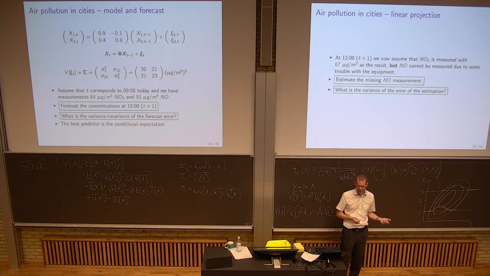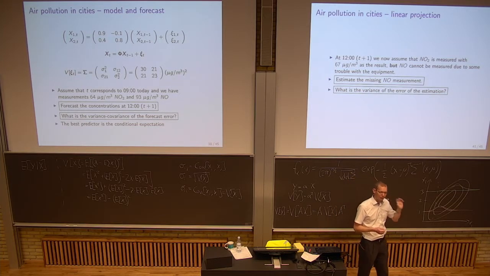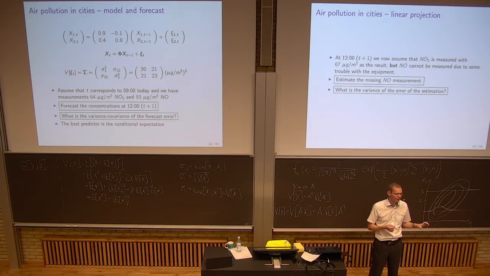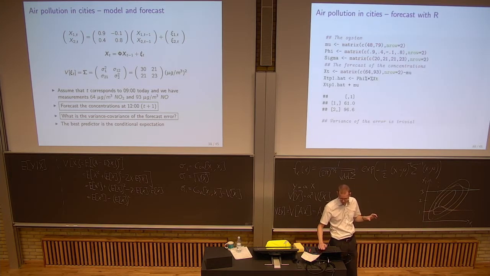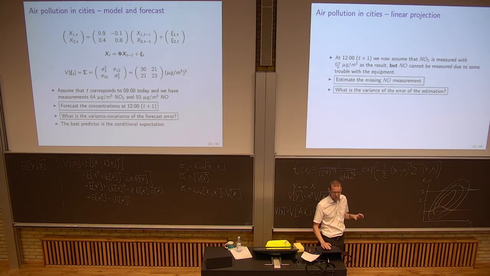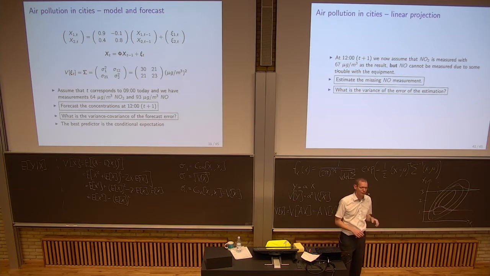Can we make an estimate of the missing observation? We just, on the slide before, we made a prediction. We also made a prediction of the one that we observed. So we predicted 61, we observed 67. Is that good or bad?